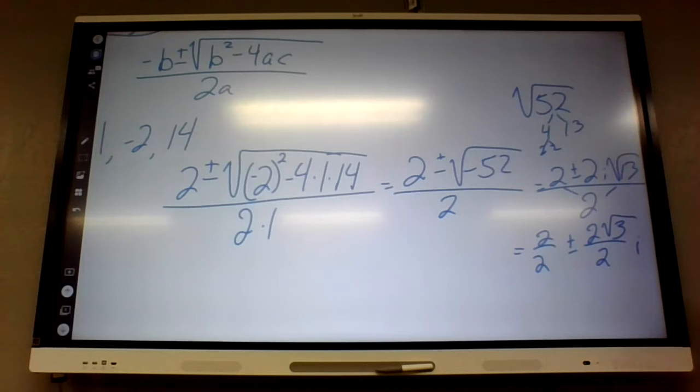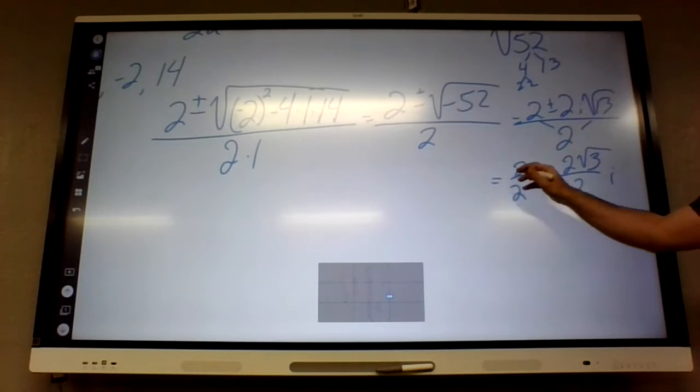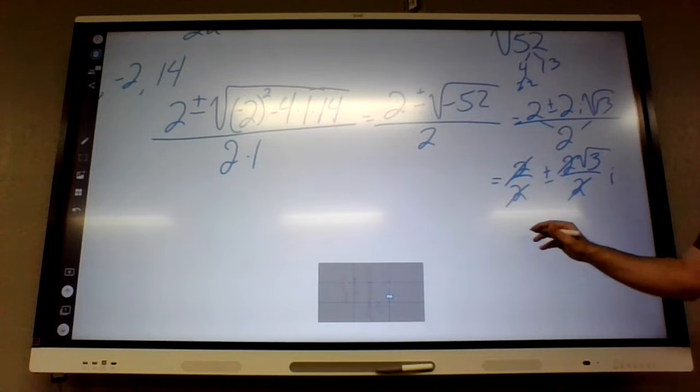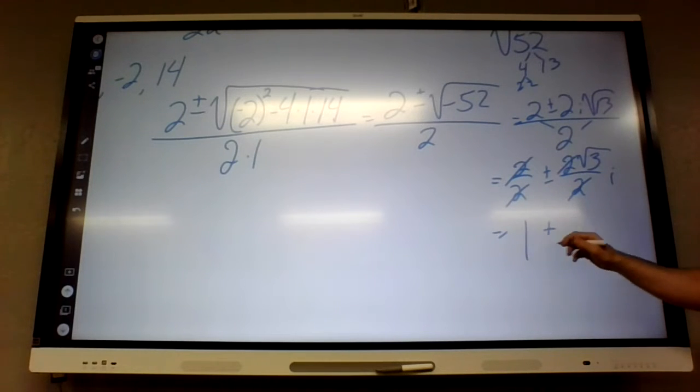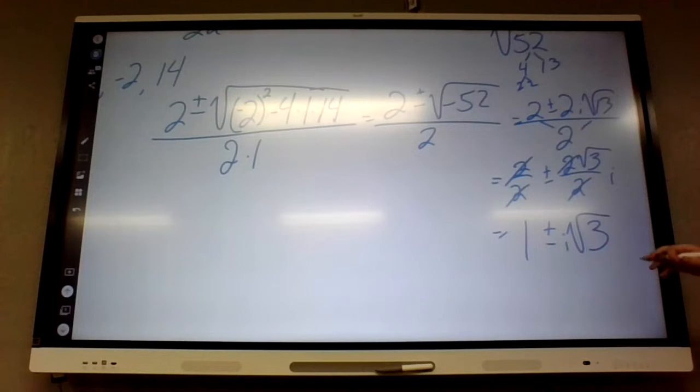And then these both reduce. 2 divided by 2 is 1, 2 divided by 2 is 1, so it's 1 plus or minus I square root of 13.